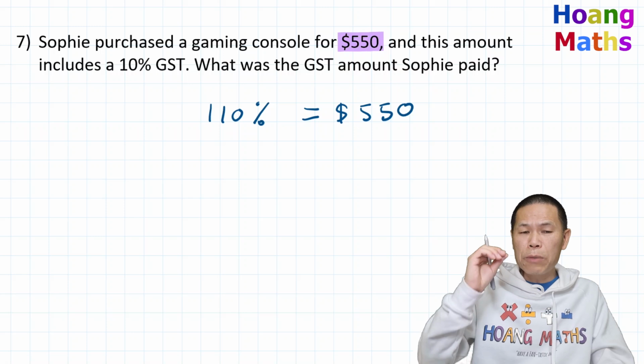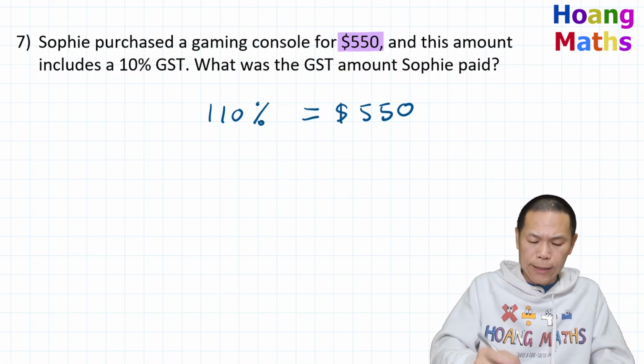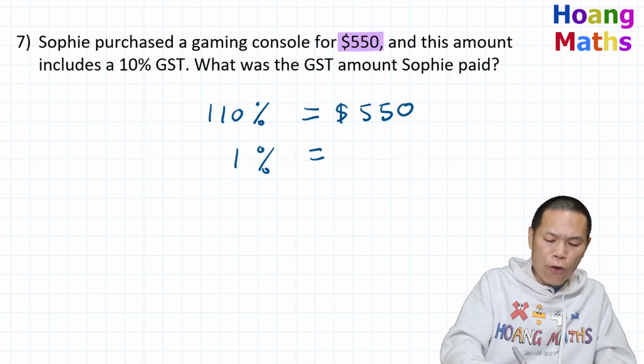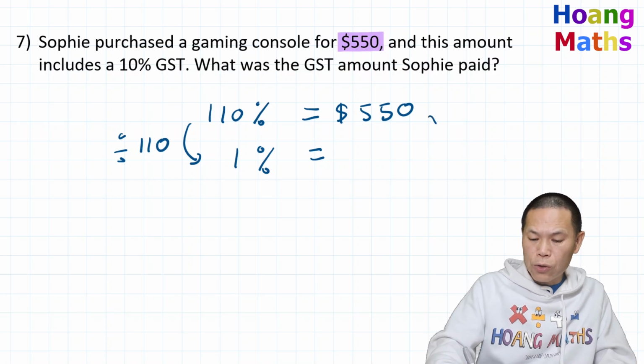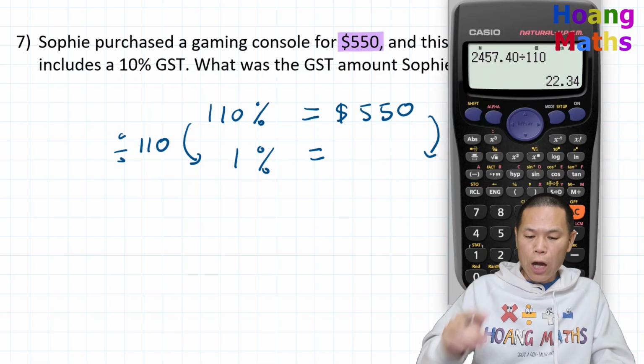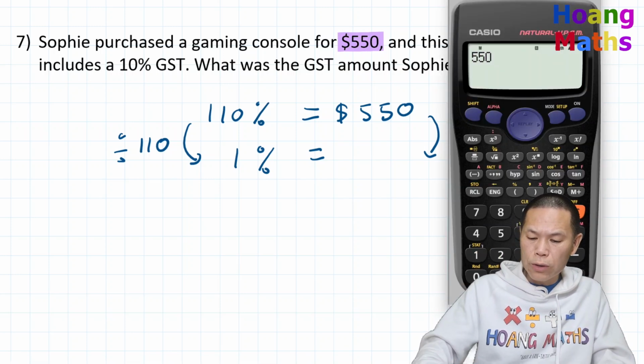Now let me scale to 1%. From here to here, I divide this by 110. So I just go 550 divided by 110.